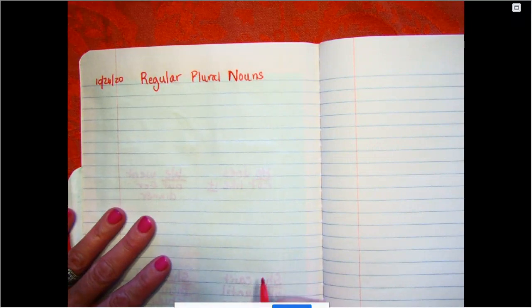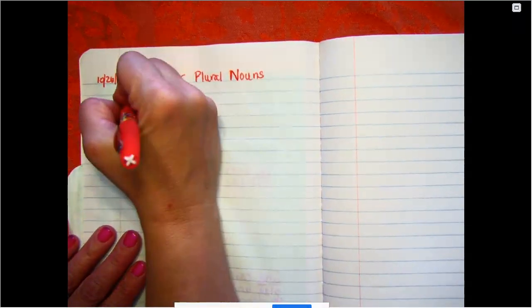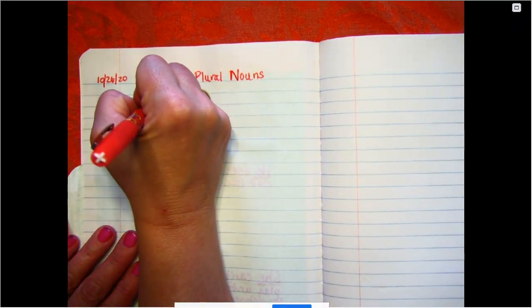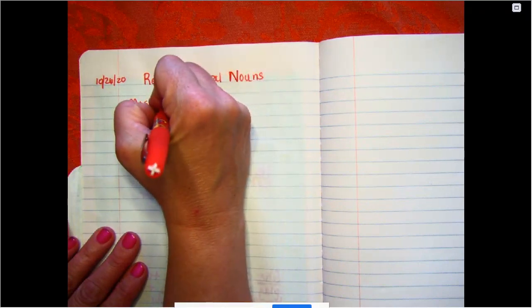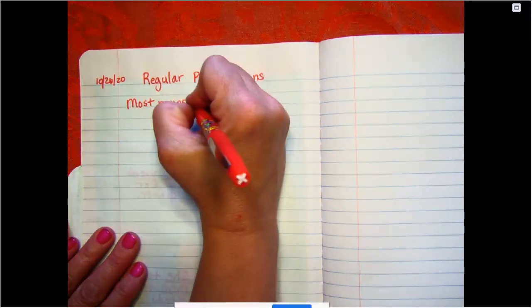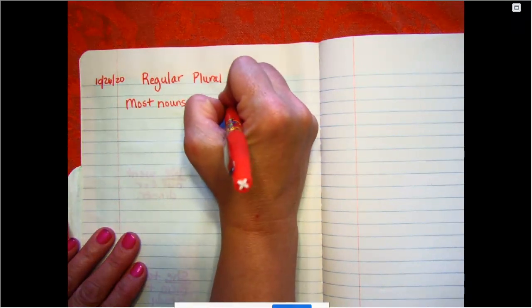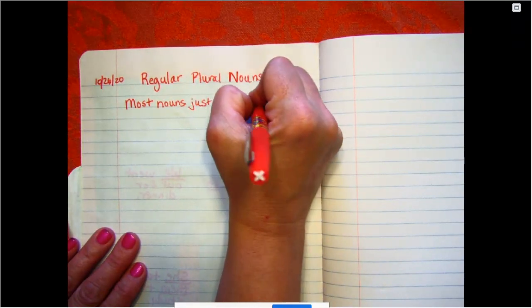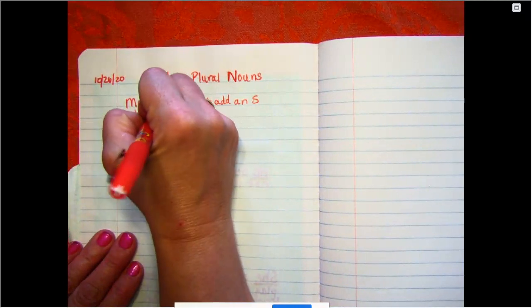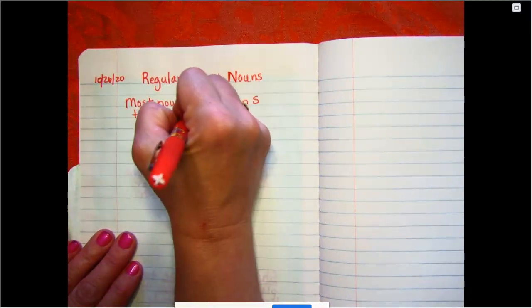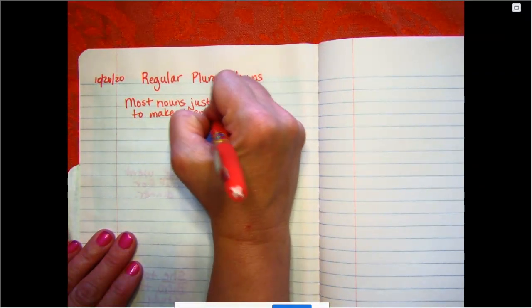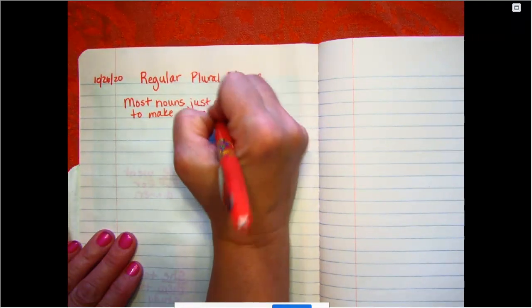All right, so the first thing we're going to write down is most nouns just add an S to make them plural, more than one.